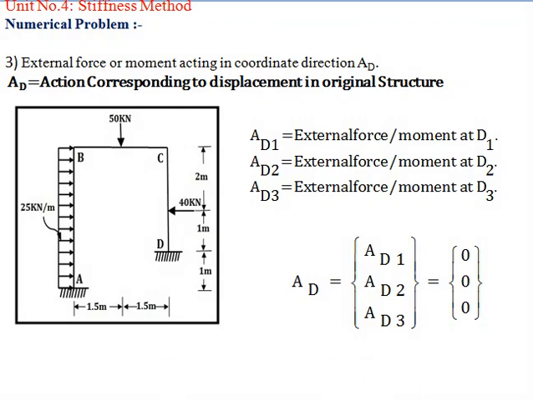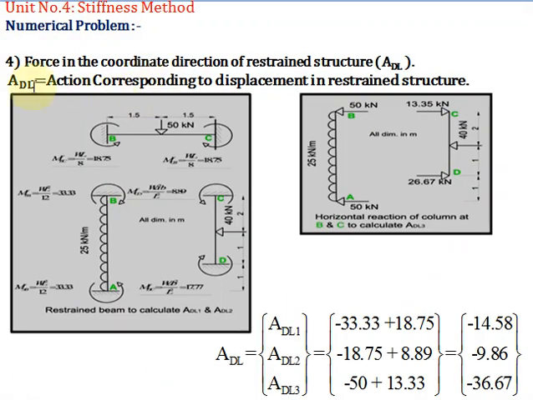After finding the AD matrix, we calculated the ADL matrix. For that we have restrained the structure, that means we have fixed the joints. ADL1 is for joint B. At joint B we have to see the fixed end moments.